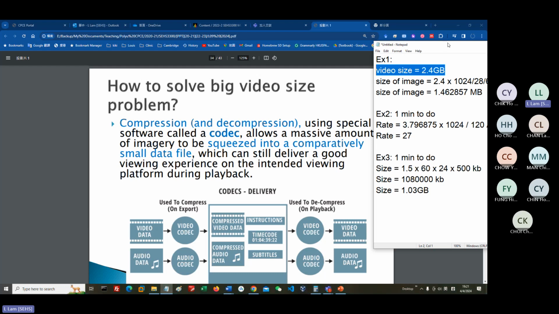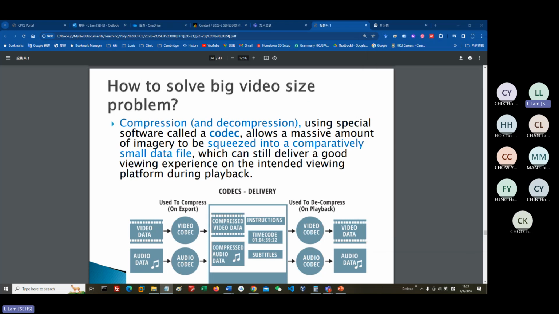So therefore, in the notes here, it mentioned to use some technology that can do the compression, just like you learned this in your imaging chapter. The way that we do the compression for the video, or the software that can perform the compression for us, we call the codec.